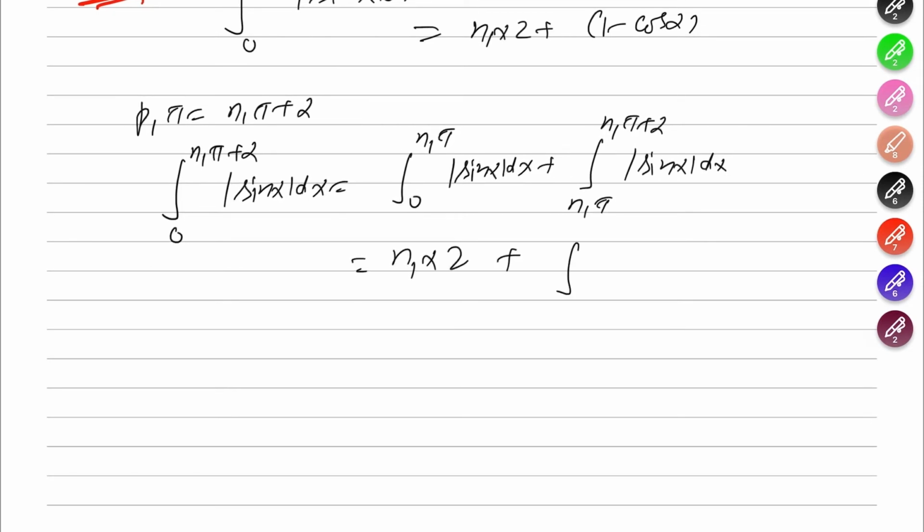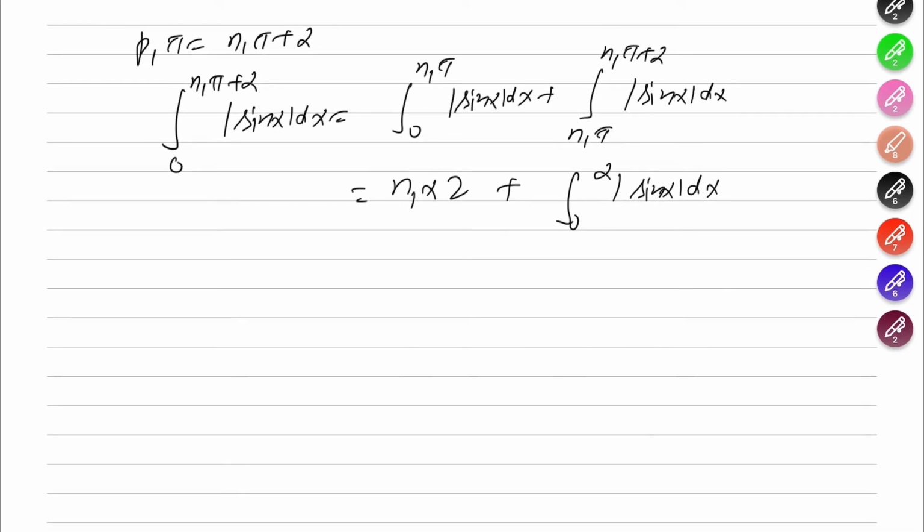Okay, now this is n1 into 2 plus the integral from 0 to alpha of mod of sine x dx.